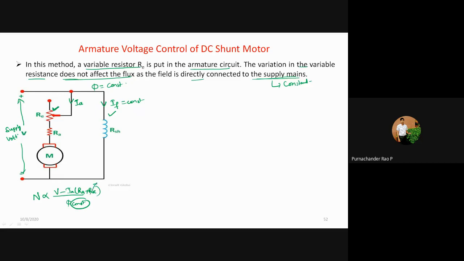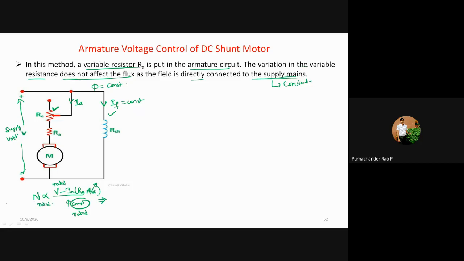Then if you vary this armature resistance, just see that N is always running with a rated value, because your flux is kept at a rated value. Here I will write that N is this one, V is a rated value. Your rated voltage is applied, and flux is also rated value. Rated means full load value is applied, and therefore your speed is always the rated value.